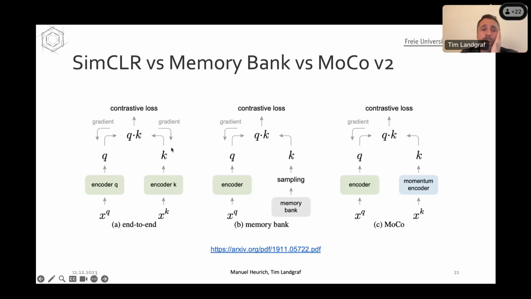So this is SimCLR, with the gradient flowing into the encoder for both branches of augmentations. And this is the momentum encoder, using only this branch into the encoder, and then using this kind of mixing that updates the momentum encoder.